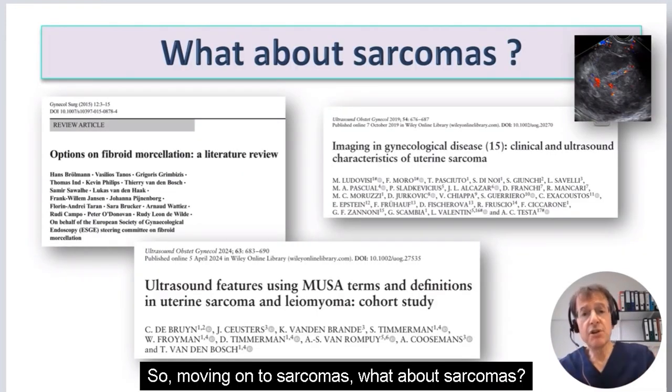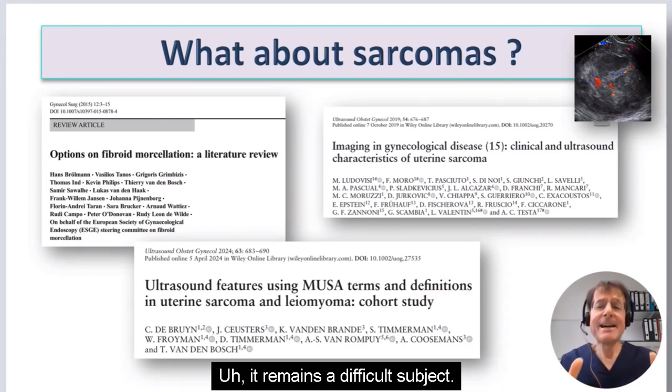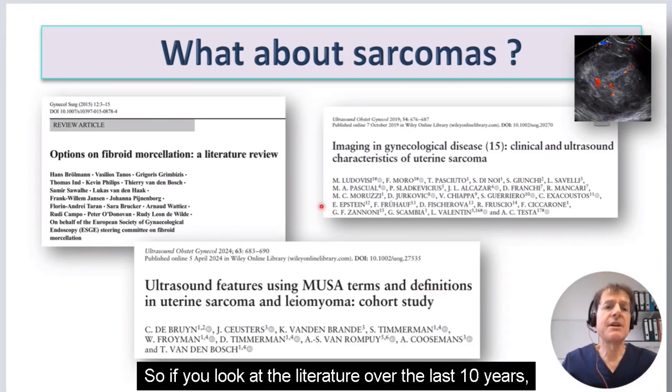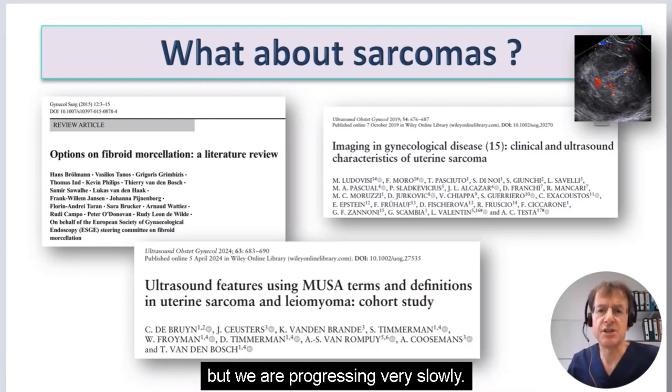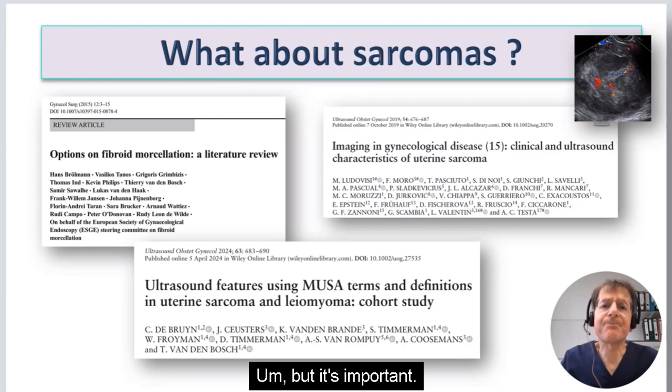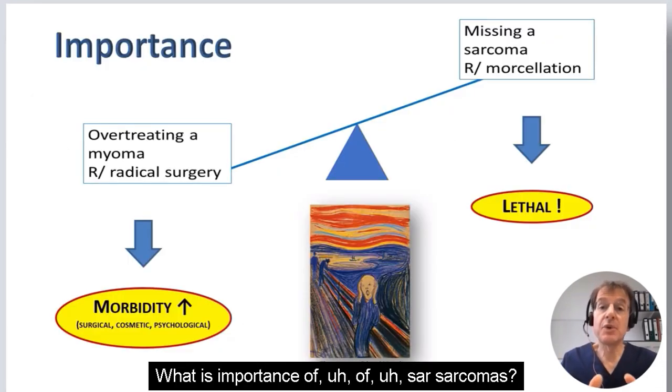So moving on to sarcomas. What about sarcomas? Well, it remains a difficult subject. If you look at the literature over the last 10 years, we are progressing, but very slowly. But it's important. What is the importance of sarcomas?